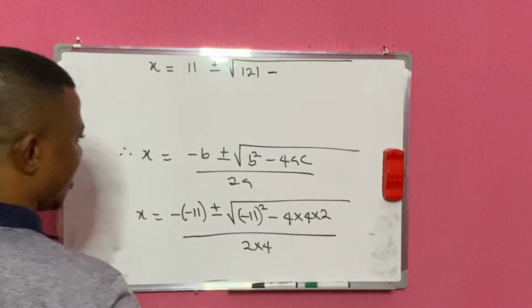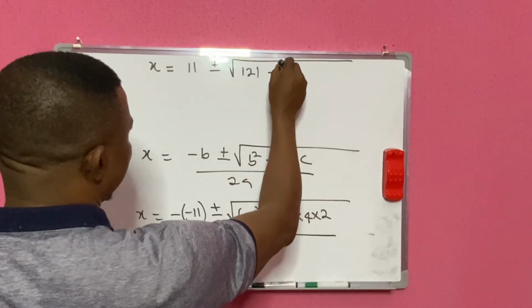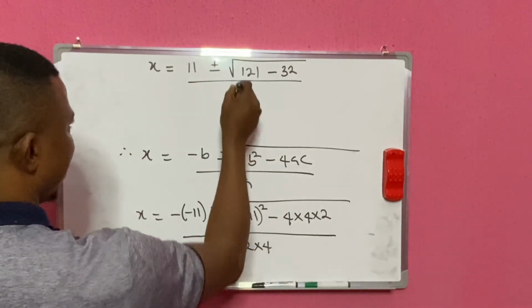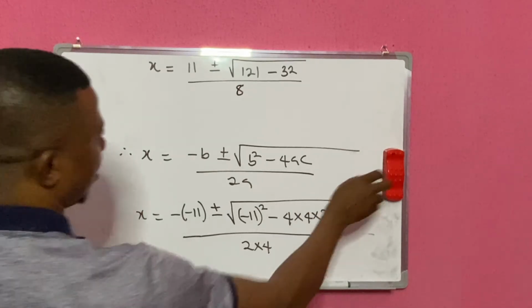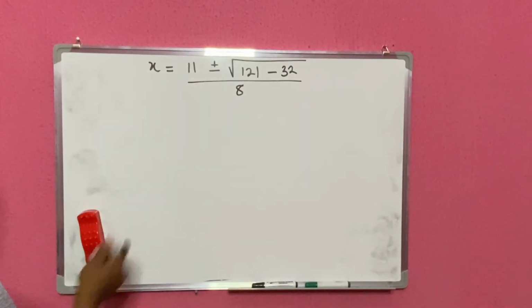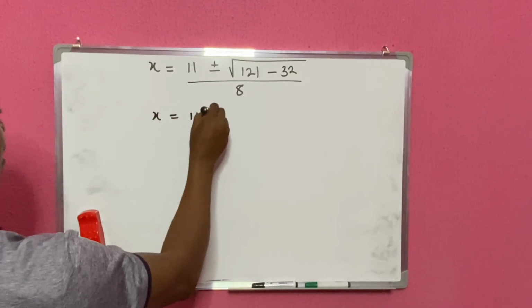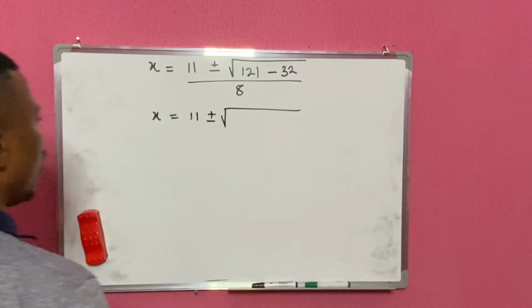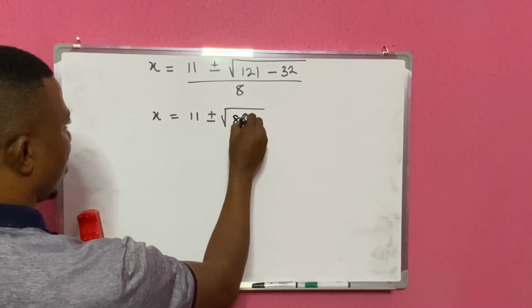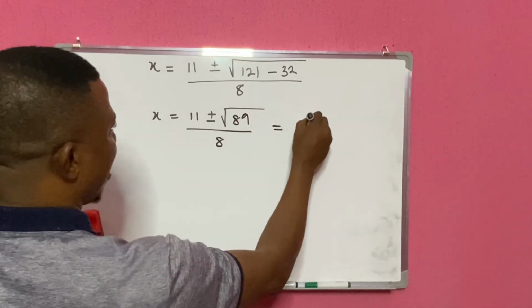Minus 4 times 4 is 16. 16 times 2 is 32. 2 times 4 is 8. x equals 11 plus or minus the square root of 121 minus 32. 121 minus 32 will give us 89, over 8.